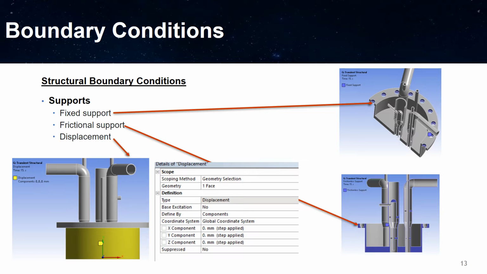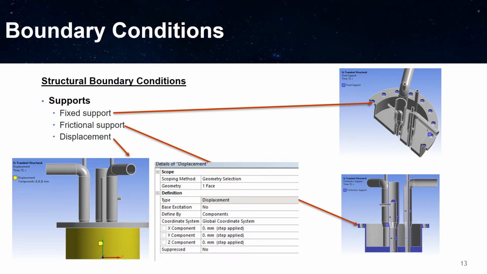Also, due to symmetry, I have given a frictionless support along the symmetric plane on the injector, and I've also added displacement on the outer side of the injector body because it's going to be going through a slotted compartment into the combustor, and on that compartment it's not free to move in any direction.